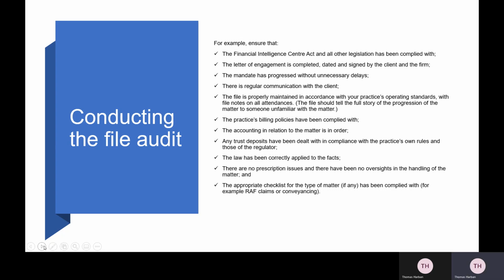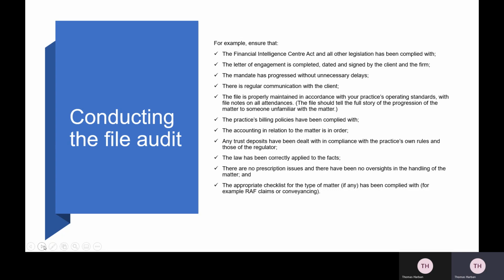One of the triggers for the breakdown in the relationship between clients and firms, which ultimately results in professional indemnity claims, is that breakdown of communication with the client.